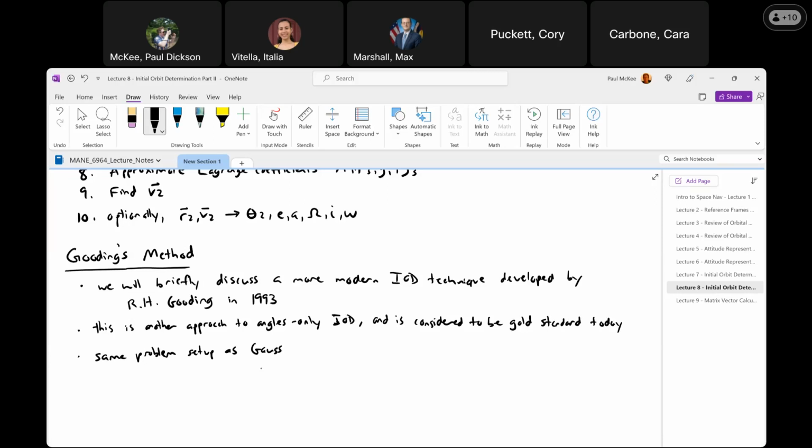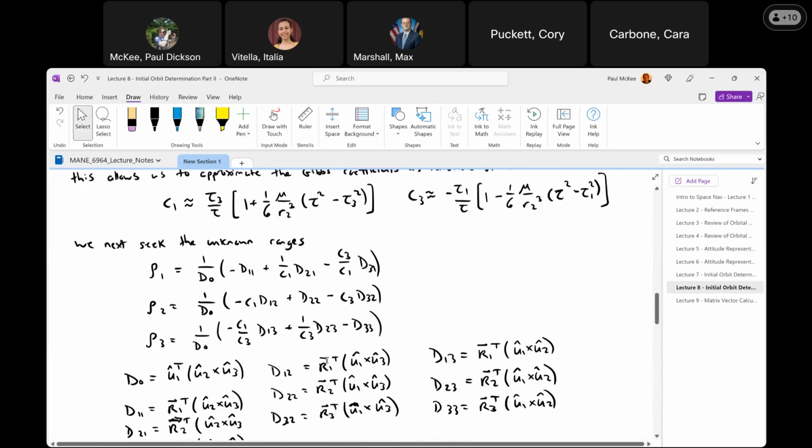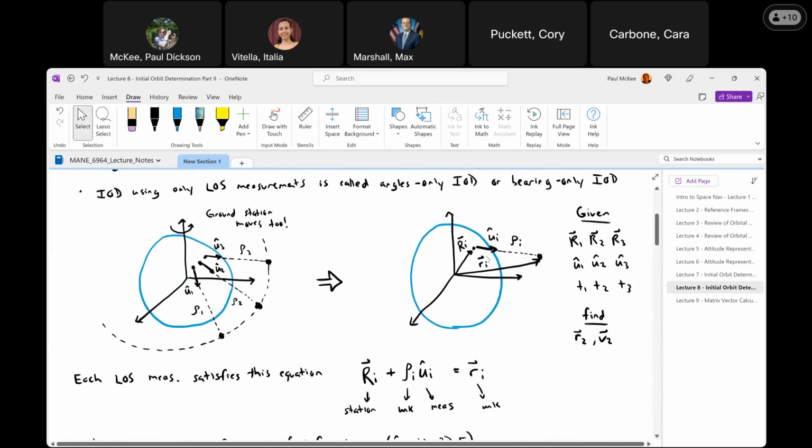So the idea is something like this. What if we just guess? We just guess row 1 and we guess row 3. And we know that we're wrong, but we're guessing, right? If you guessed row 1 and row 3, that would mean that you also have a guess of R1 and R3.